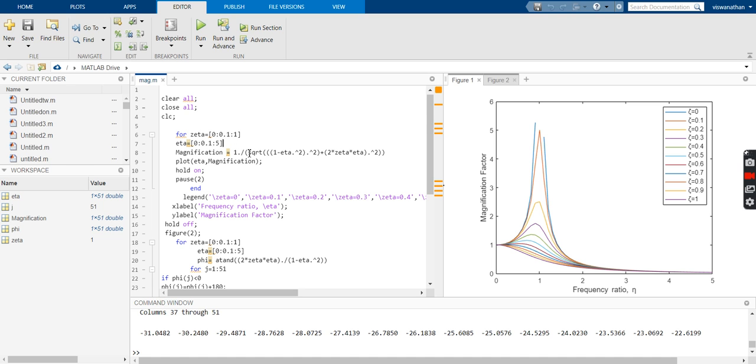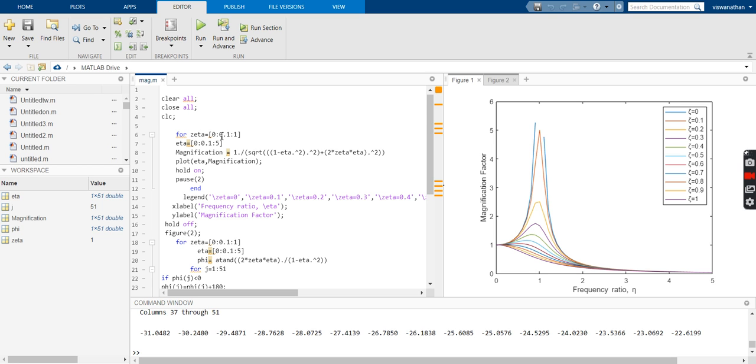So this is the magnification factor formula. You can see some element wise operations here. The dot is the element wise operation, which is required whenever we are using an array of values. If zeta was equal to only a particular number and eta was only equal to some particular number, instead of 0 to 1 or 0 to 5, you could have just used 1 divided by square root of 1 minus eta square whole square plus 2 zeta eta whole square.